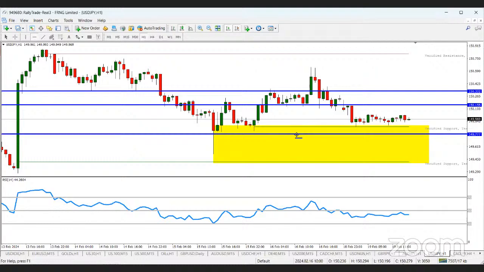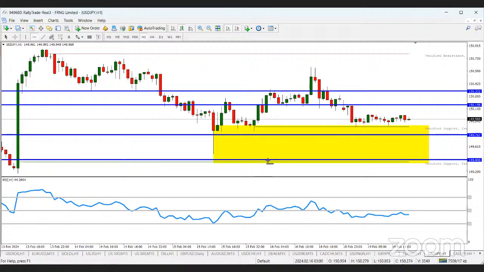But if price closes below 149.760, we can sell looking out for 20 pips of profit. Okay, that's USD JPY. We've looked at two currencies.